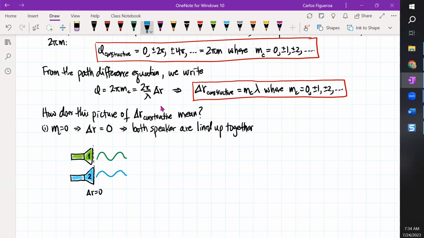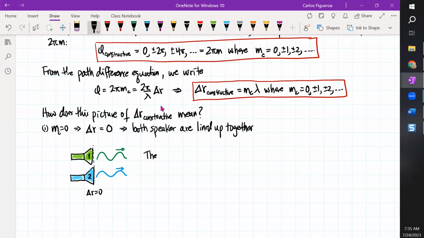As they emit these waves, they are in phase. They're right on top of each other.